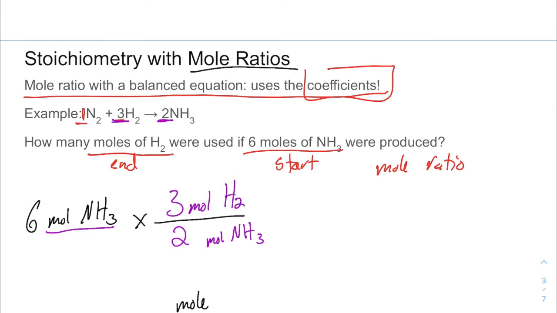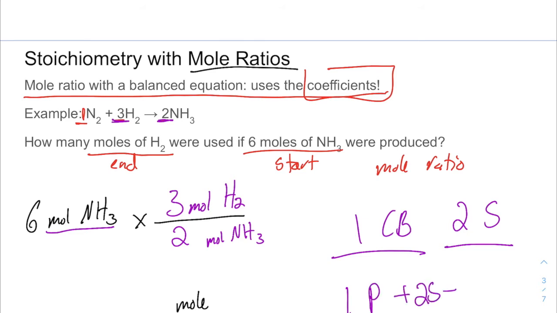This would be the same thing as saying to make 1 cheeseburger, we need 2 pieces of cheese. So for every 1 burger, 2 slices of cheese. If we wrote a chemical reaction, we could say 1 patty plus 2 cheese plus 1 bun is equal to 1 cheeseburger. Same sort of thing here.